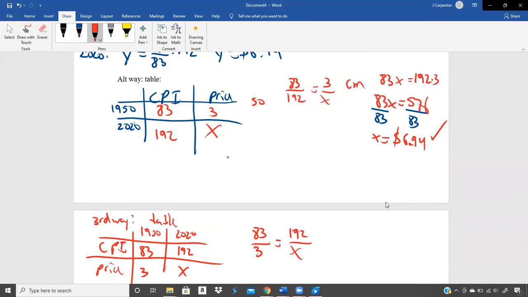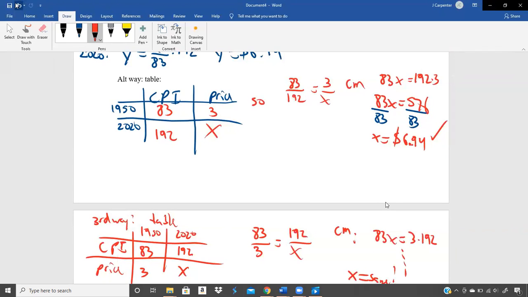It doesn't look like the same proportion. These two things have swapped places, but check it out. When you cross multiply, you get 83x equals 3 times 192. The same thing, you'll get the same answer. So when you're creating these tables, if that's the way you choose to go, you've got a little bit of leeway. What you call the row and what you call a column doesn't matter as long as everything's going in an appropriate place.